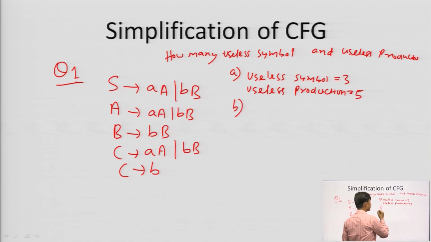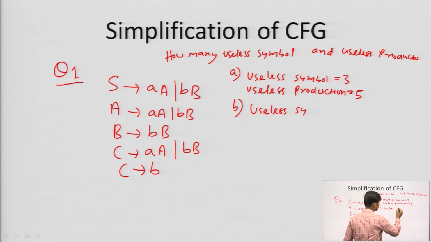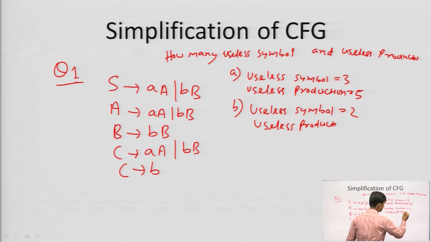Option B: useless symbols is 2 and useless productions is 6.